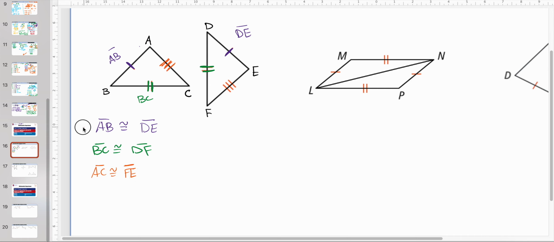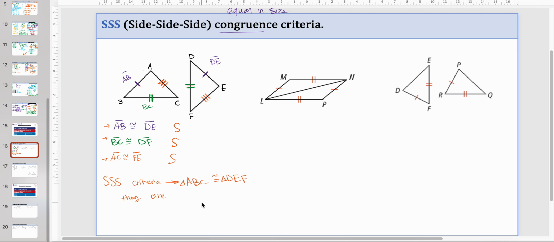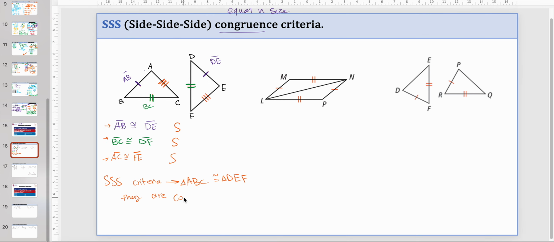Since we have three pairs of equal sides, they follow the side, side, side congruence criteria, which means that the triangle ABC is congruent to the triangle DEF. That's it. This is how we show that they are congruent or not.